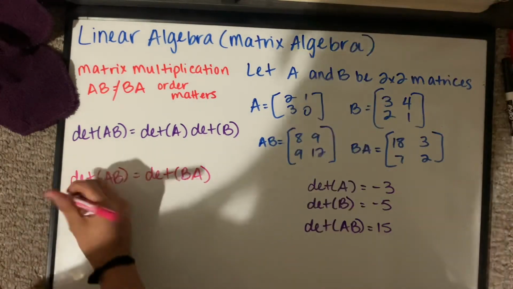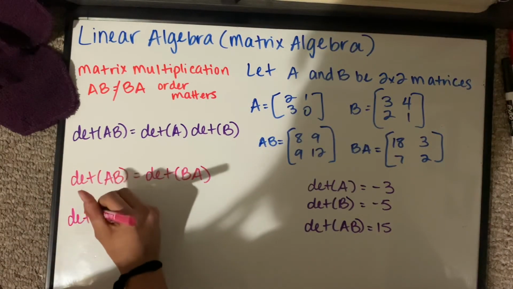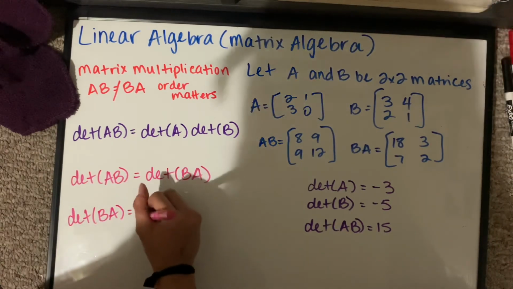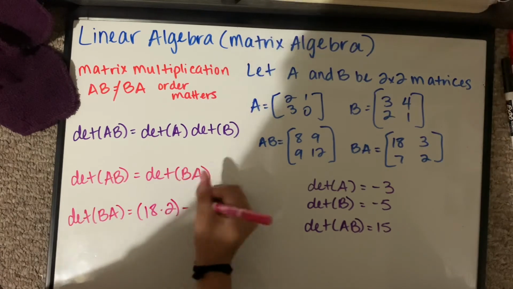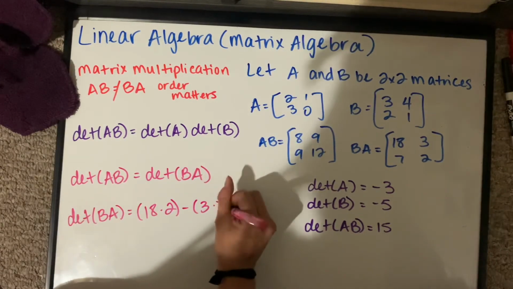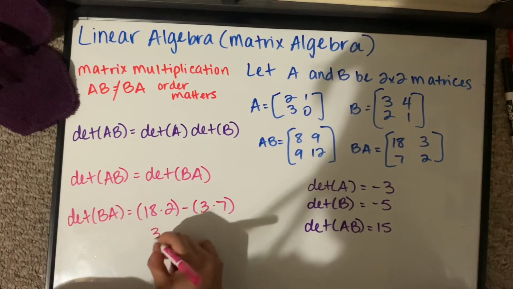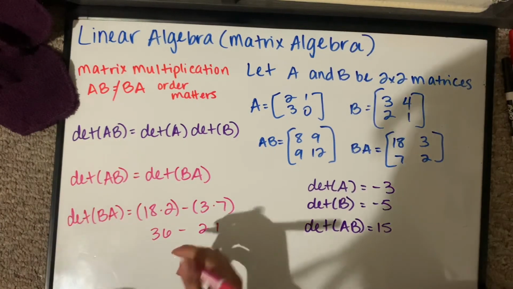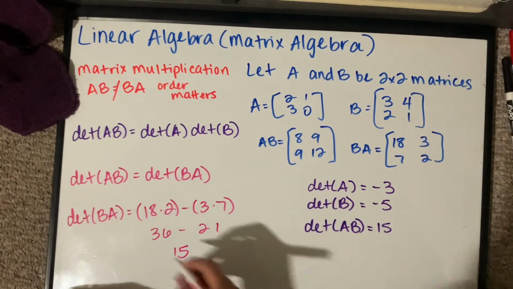Watch this. So the determinant of the other product matrix is this. This is 36. And this also gives us 15.